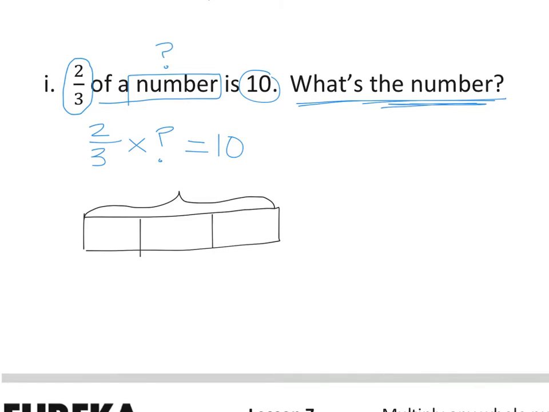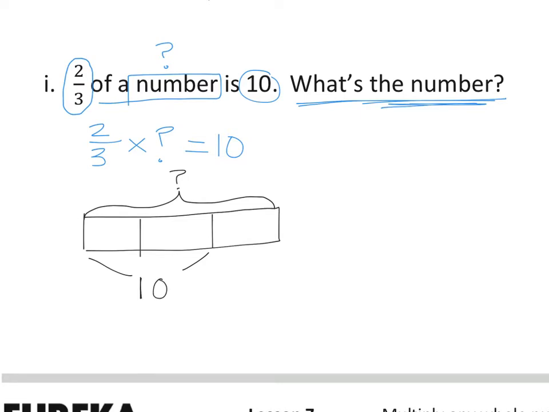So we're going to label the whole as we don't know. But we do know that it says 2/3 of, so 2 of these boxes of this whole entire set is 10. So here's 2/3, 2 out of the 3, and this right here equals 10.